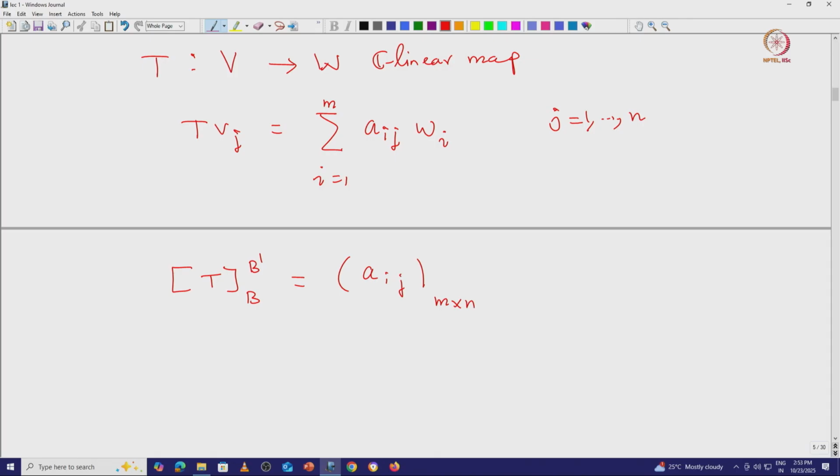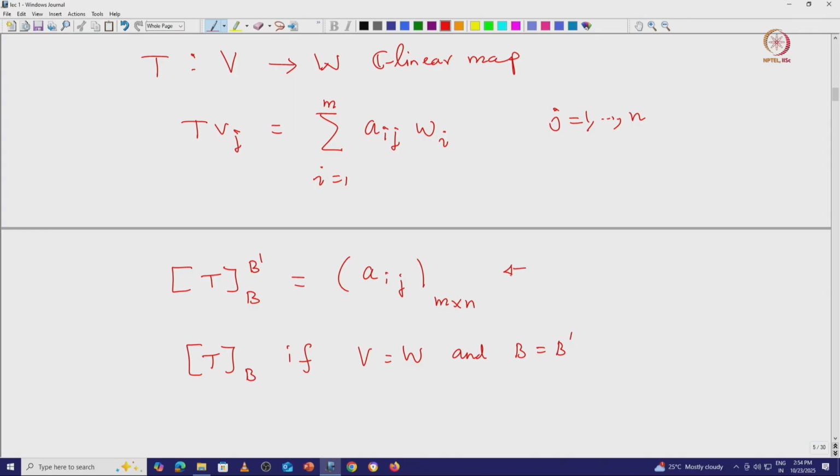You can see that this matrix representation possesses all the information about the linear transformation T. We also use the simplified notation T_B if V equals W and B equals B dash.